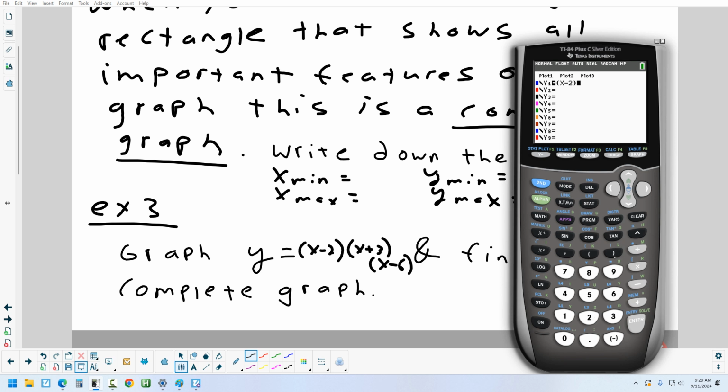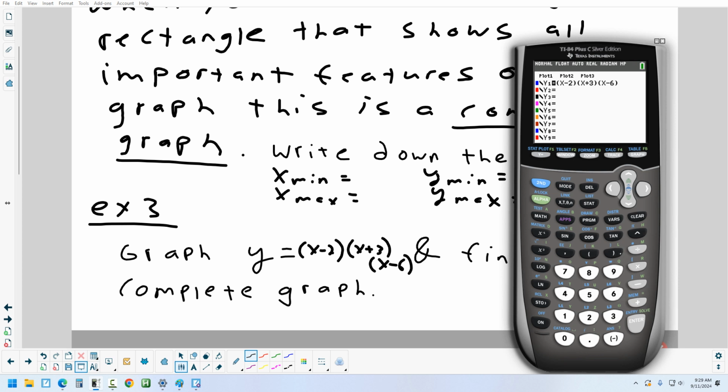Now, that doesn't mean you're going to be able to see the whole graph. Like if you draw a parabola, it's a U shape, but it just keeps going up forever. Well, you're never going to be able to see the end of it because there is no end.